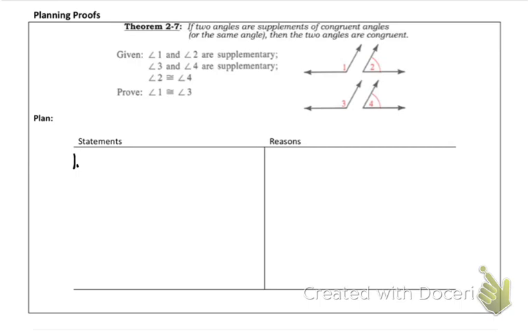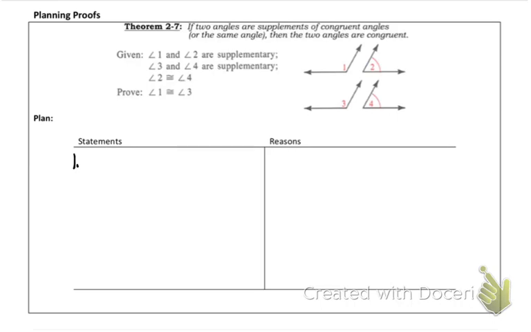Wait, 1 is congruent to 4, and then 2 is congruent to 3, and then 1 is congruent to 3, and then that would be the definition of congruent. There's no definition of congruency. Or definition of supplementary. We're going to definitely use definition of supplementary, and I think you're on the right path there, but let's just do one step at a time.